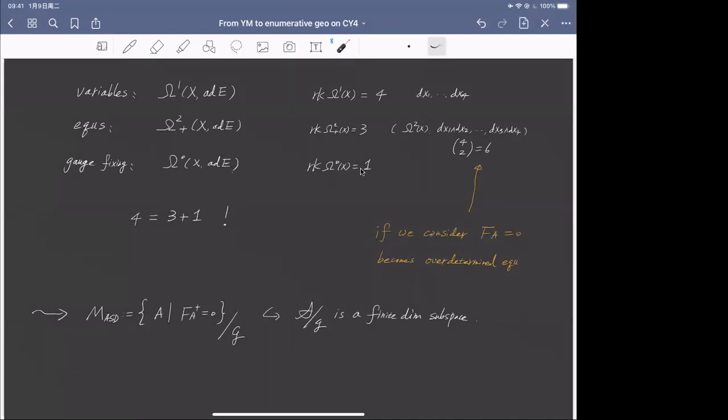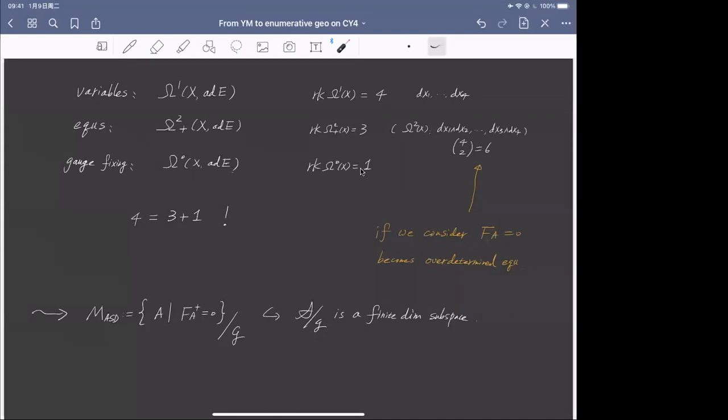Before moving to an introduction of the developments on this moduli space, I want to make a remark that we don't necessarily have to consider anti-self-dual connections. We can also consider flat connections, which just requires the whole curvature to be 0.